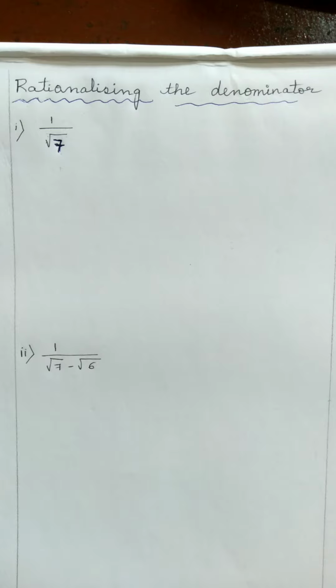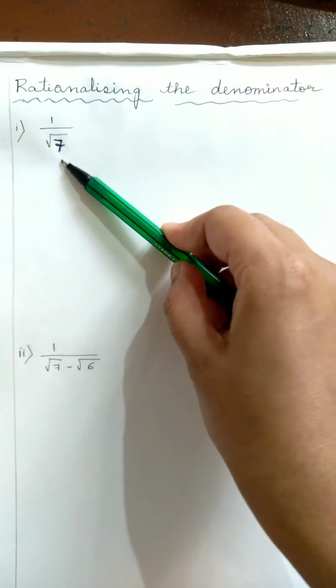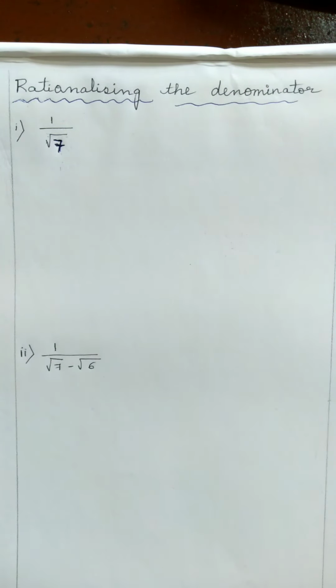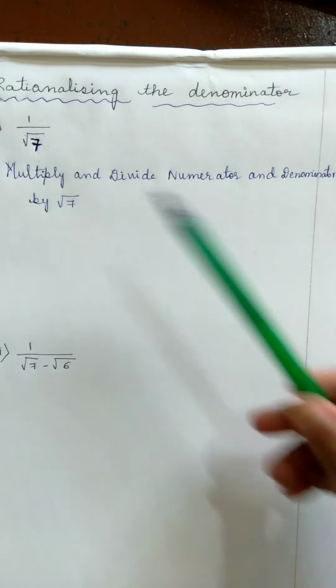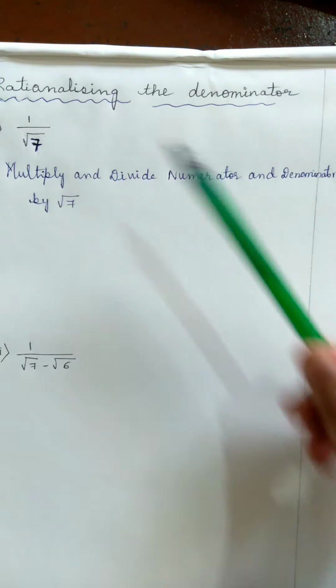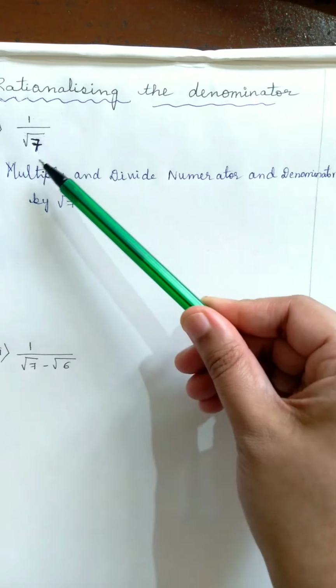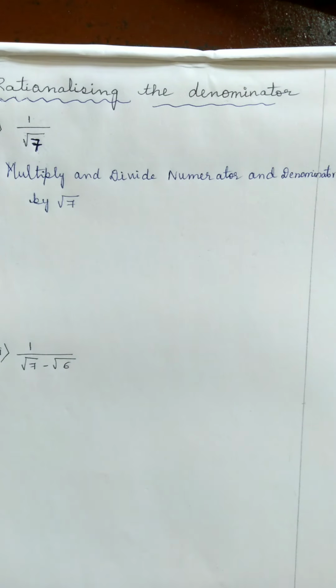So to understand this concept, let us solve the first problem, 1 by root 7. The step used in rationalizing the denominator is to multiply and divide the numerator 1 and the denominator root 7 by root 7.